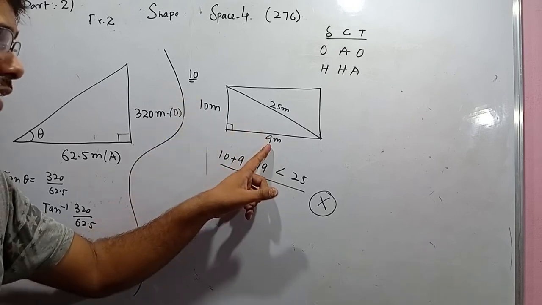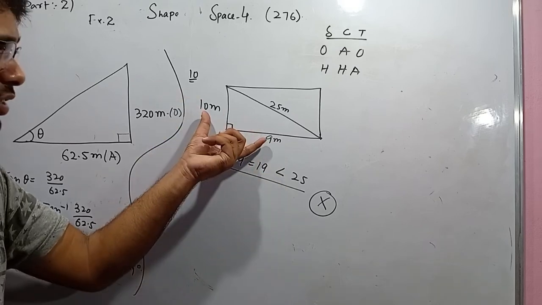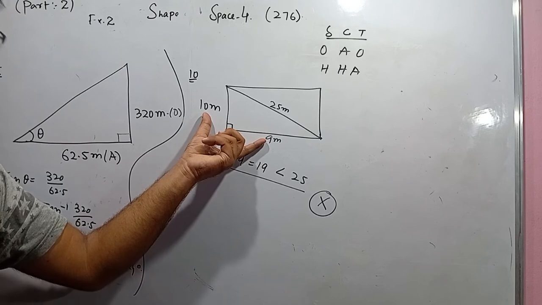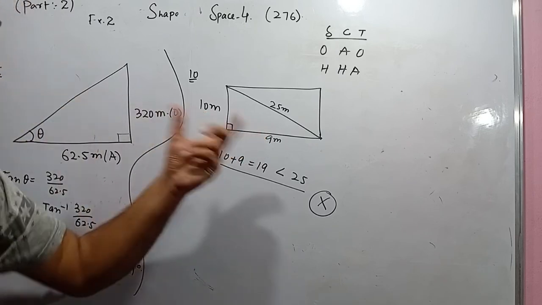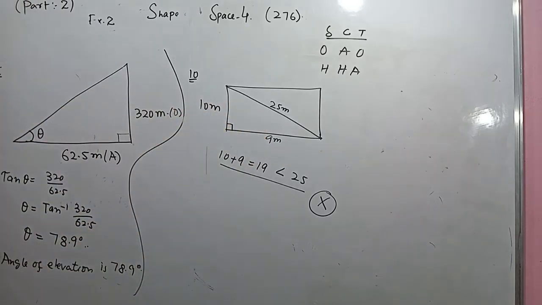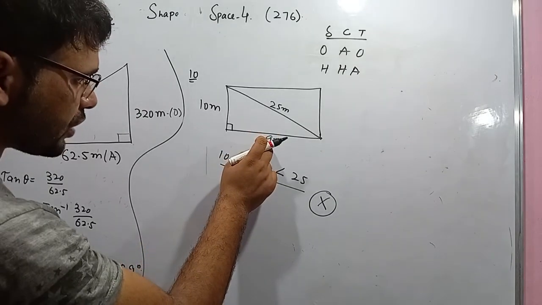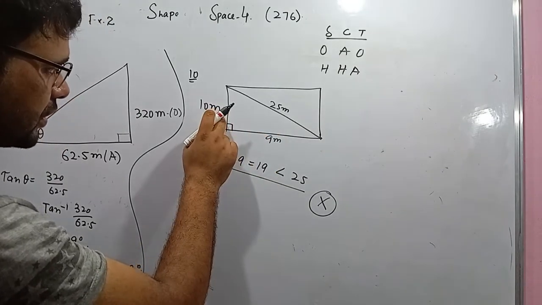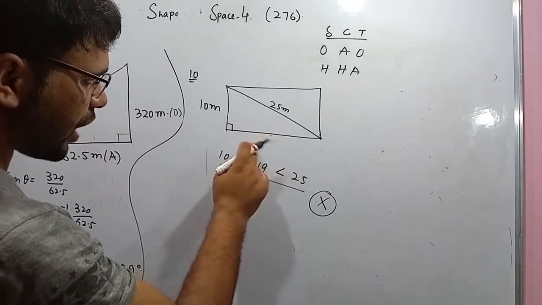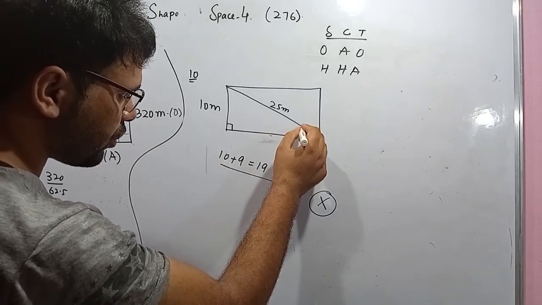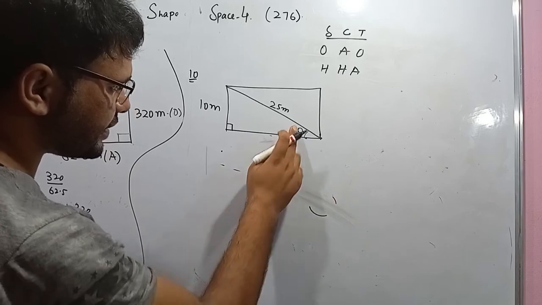And it should be greater than 15, so that the sum of the lengths of these two sides will be greater than the third side. So I can say this is the longer side. So I need to find the angle between the longer side and the diagonal. That is this angle.